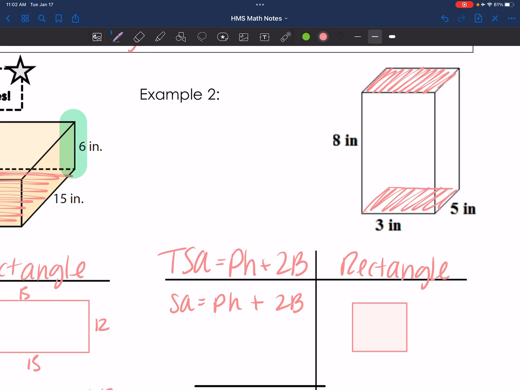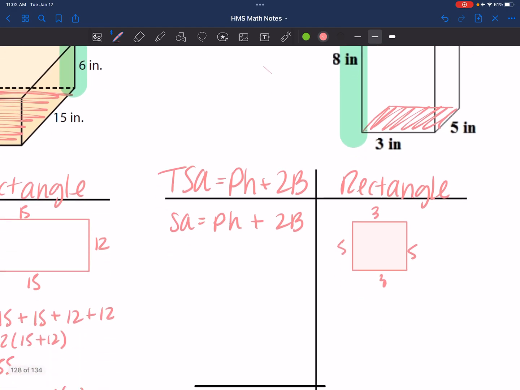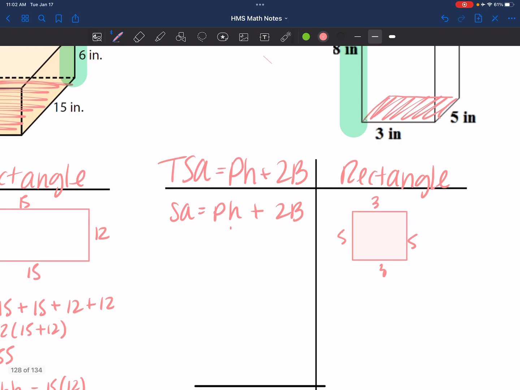It's going to be the top and the bottom, which then shows me what my height is. It's always going to be the distance between the two. So it's that 8. Let's copy my dimensions, 3 by 5. Plugging in the height.